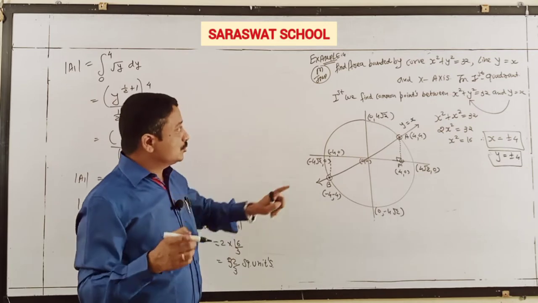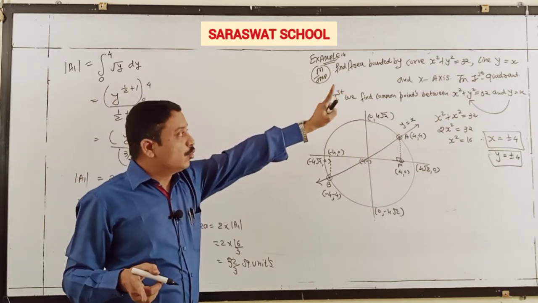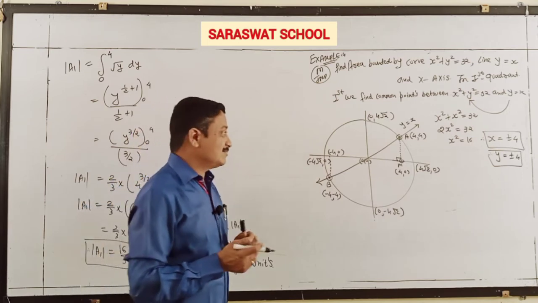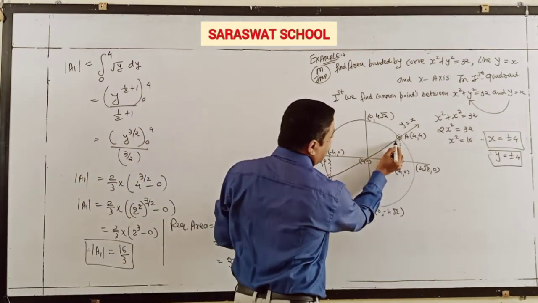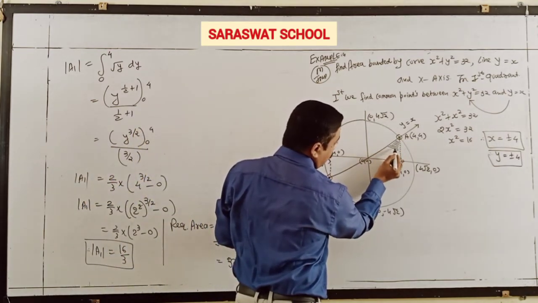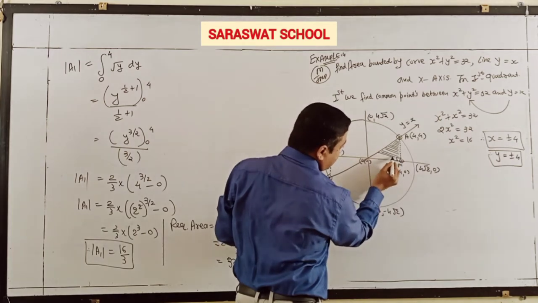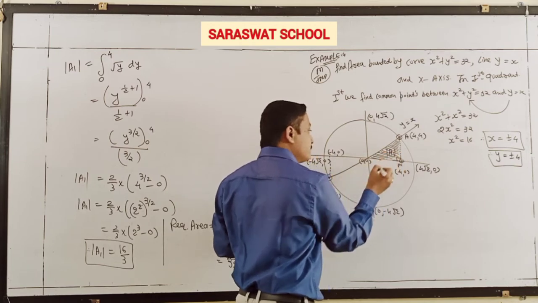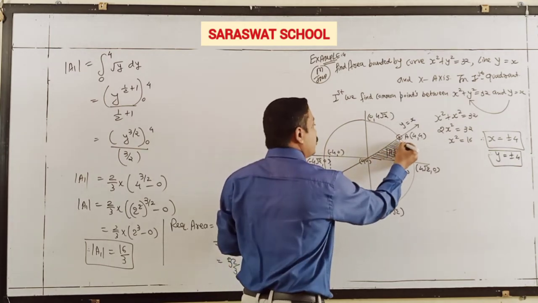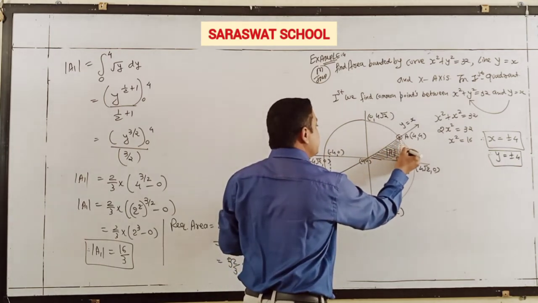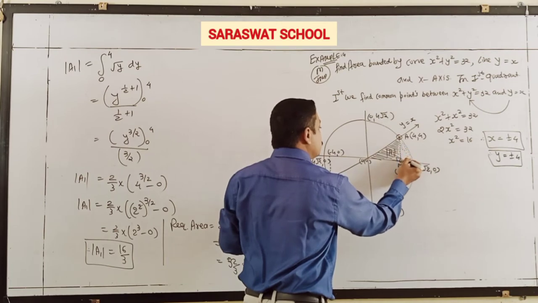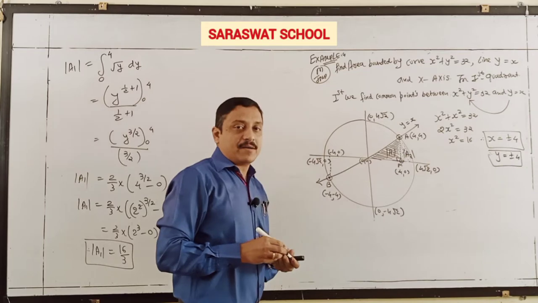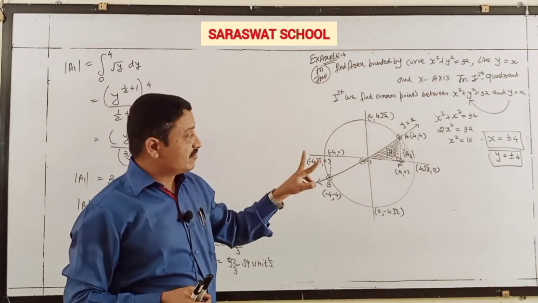But I want the curve, y is equal to x and the x axis, which means I declare only this area. One of these is called A1, and secondly this one, which I plot point-wise, is called A2, and both areas I calculate separately.